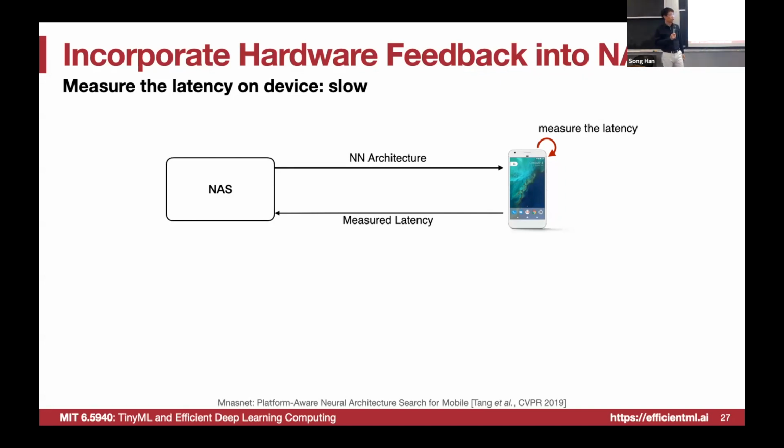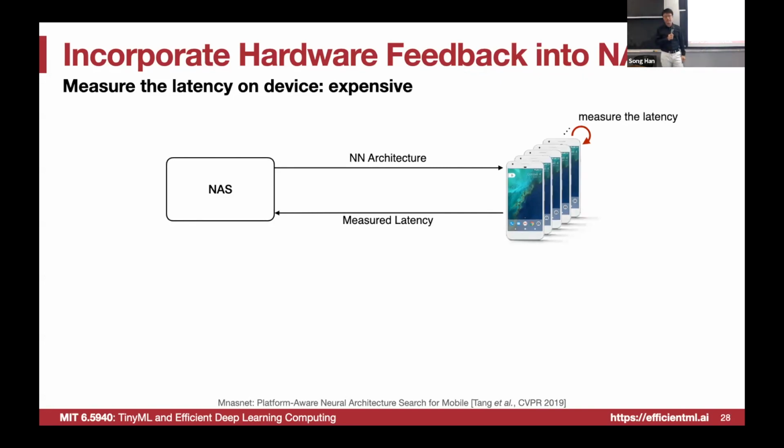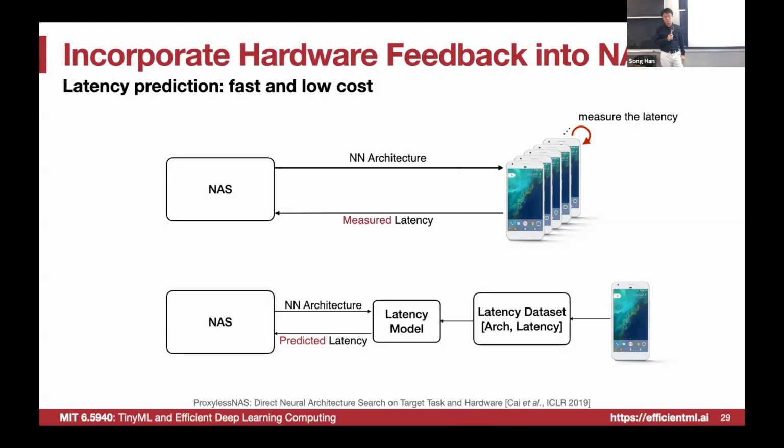And it can slow down the inference. One approach is certainly we can build a latency model to predict the latency by first collecting a latency data set. The feature, the input is the architecture representation. The output is the latency. Given the architecture, predict the latency.